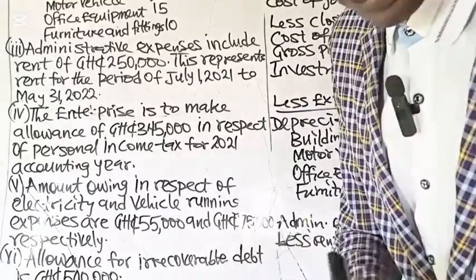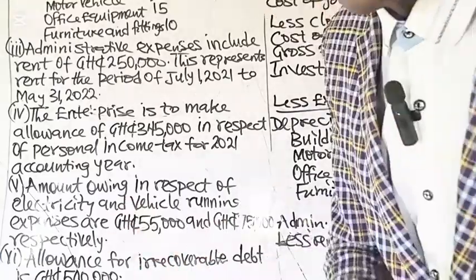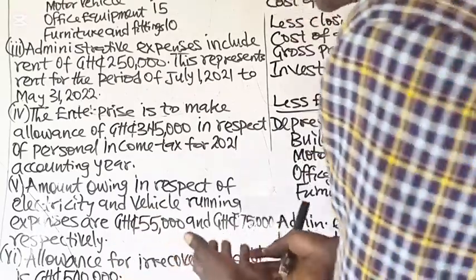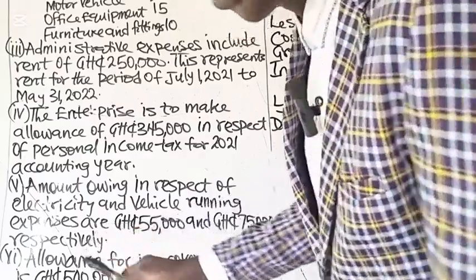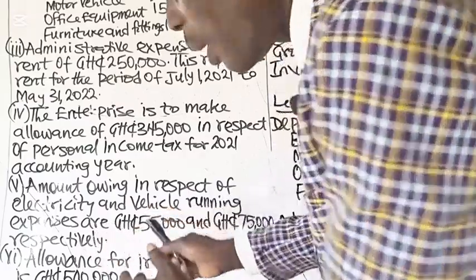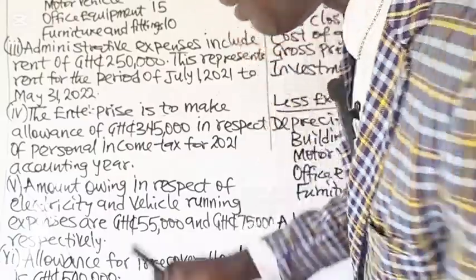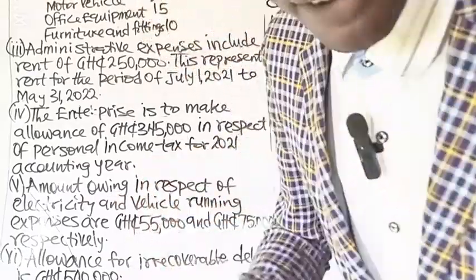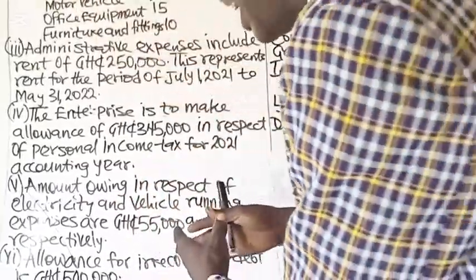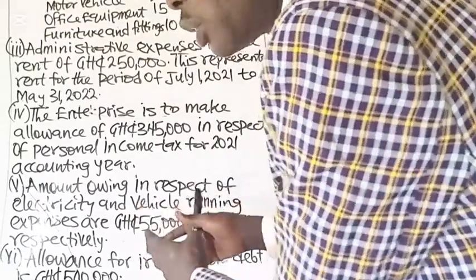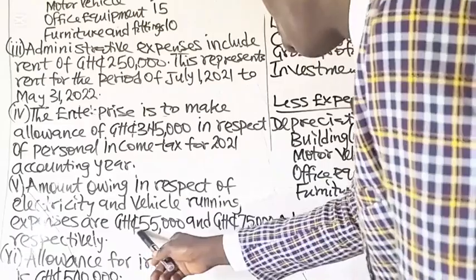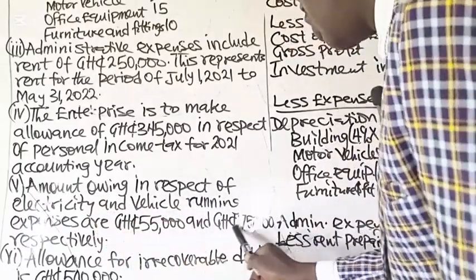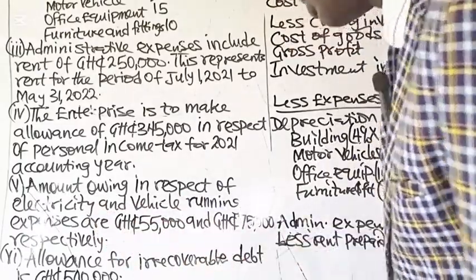When a service has been enjoyed, when a service has been rendered, and that service has not yet been paid for, remember that sum relates to 2021. It is supposed to be paid in 2021, but it hasn't been paid. Since it relates to 2021, it will therefore form part of the expense for 2021. So we will add this to electricity and this one to vehicle running expenses.